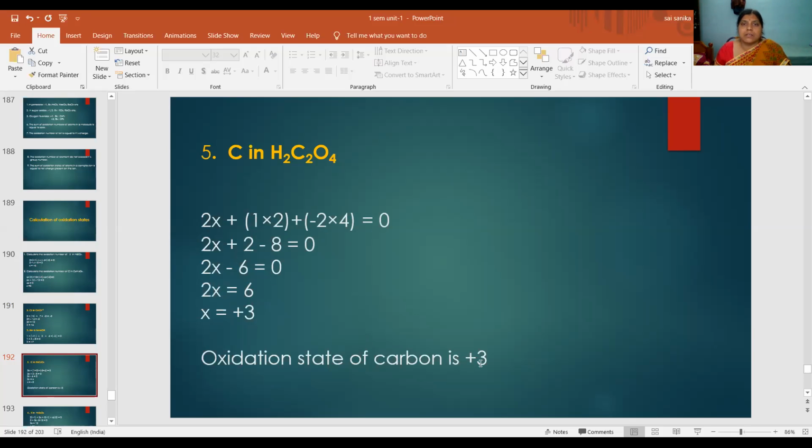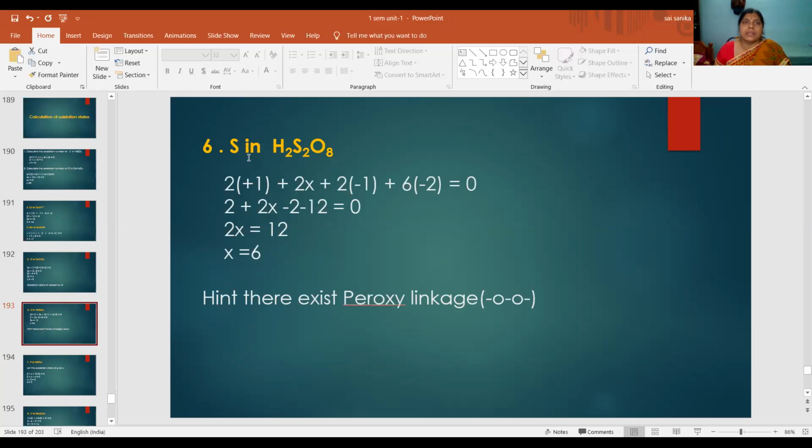So the oxidation state of carbon is plus 3 in H2C2O4.